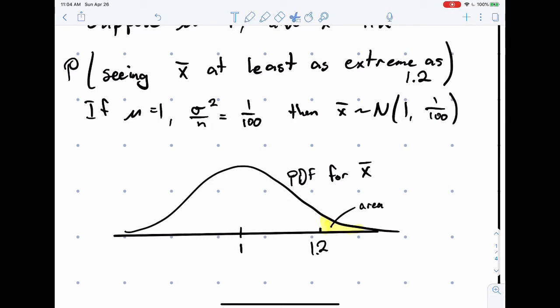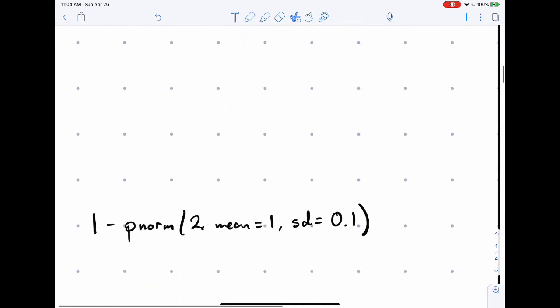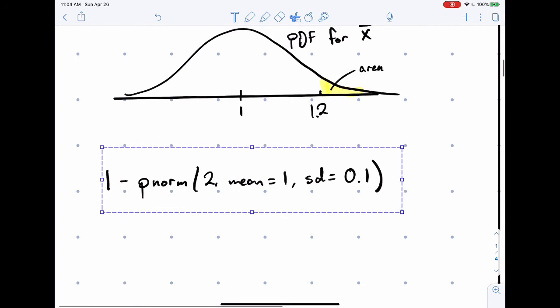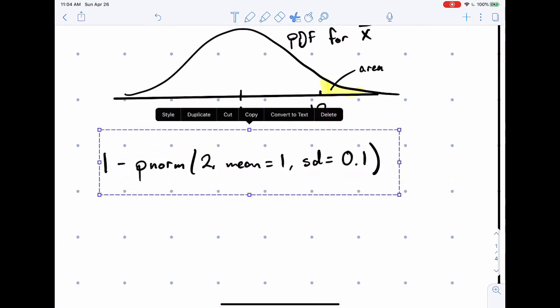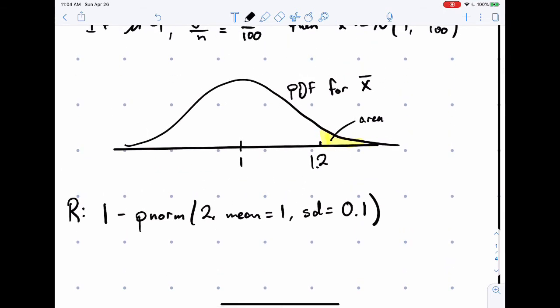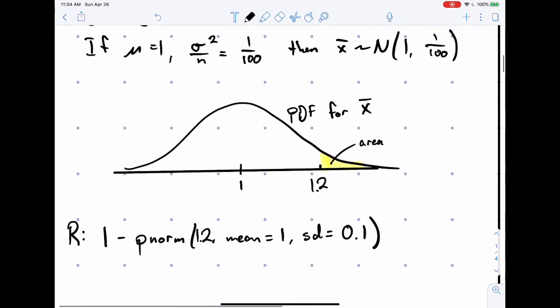We know the parameters for the normal distribution, so we can find out what this area is. And here is the R code to do that. In R, we're looking at a pnorm of 1.2, with a mean of 1 and a standard deviation of 0.1. The reason the standard deviation is 0.1 is that it is the square root of the variance.